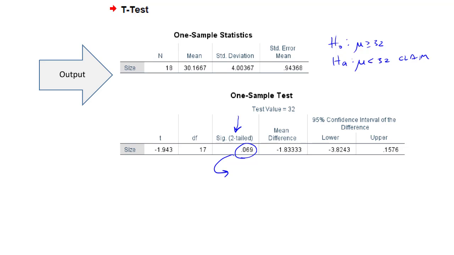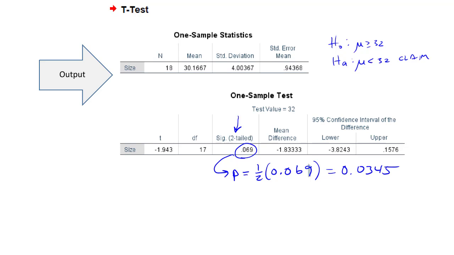So we take our p-value as half of this 0.069, which would be 0.0345.